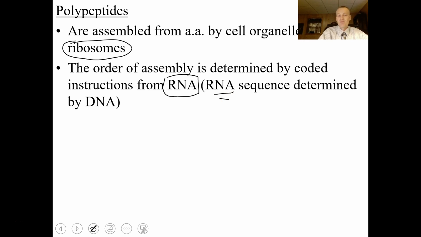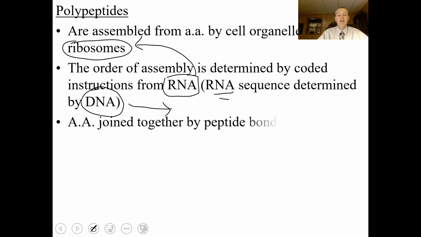They're like blueprints that code for the production of the protein. RNA goes to a ribosome, is read by a ribosome. The instructions are read, and the protein is actually composed. The sequence of RNA, though, is made from your DNA, so all the coded instructions to build anything in the human body come from the coded instructions in DNA.